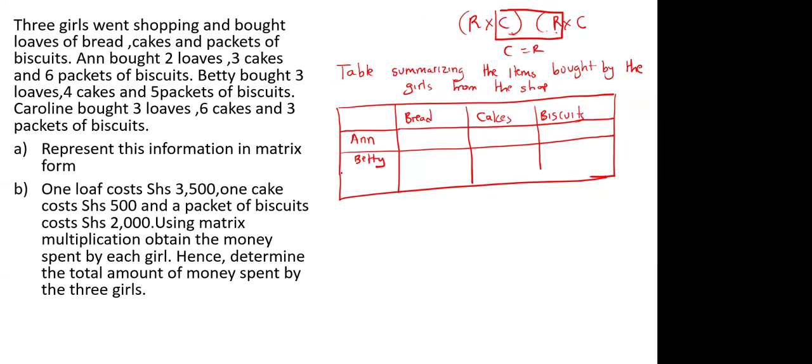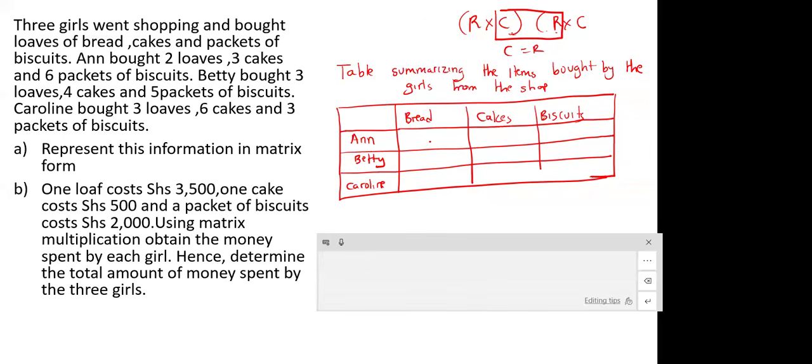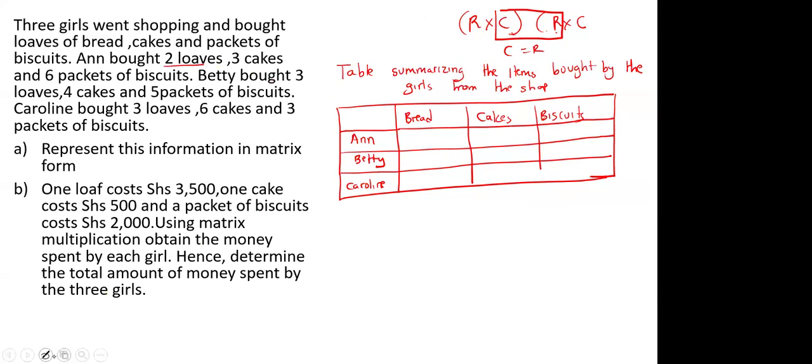Then another one we had was Caroline. Now you start reading statement by statement. Sometimes you rush, and by the time you finish, you notice that you have made a mistake somewhere. So you start: Anne bought 2 loaves. Then you come where there is Anne, and you put those 2 loaves. So here I'll put 2. Then 3 cakes. Under Anne, I'll put 3 cakes. Then biscuits, there were 6.